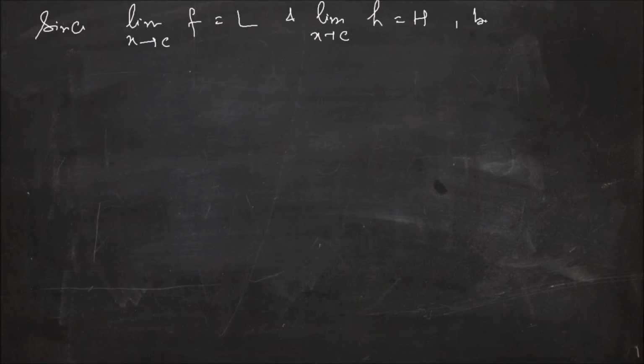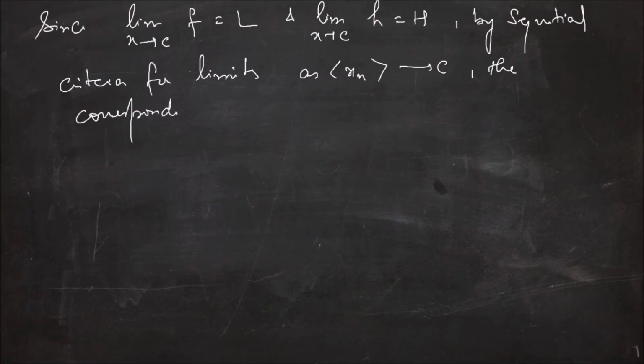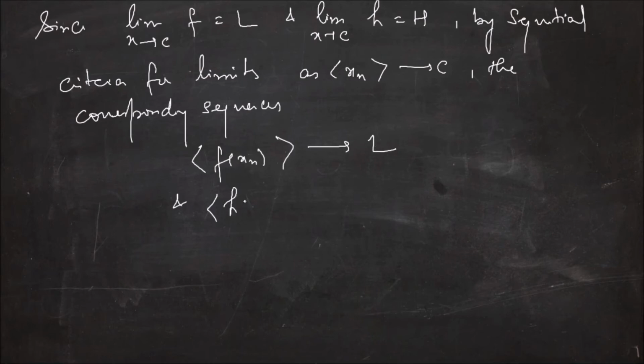So now since limit x tends to c of f is equal to L, and limit x tends to c of h is equal to H, by sequential criteria for limits, as xn converges to c, the corresponding sequences f(xn) converges to L, and h(xn) converges to H.